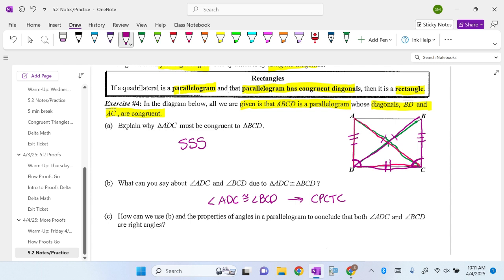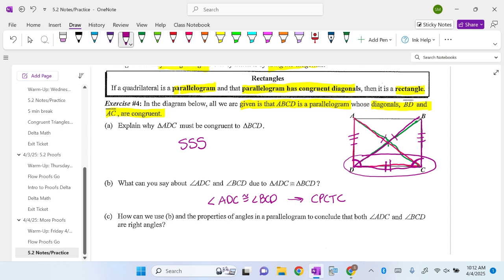So how can we use B and the properties of angles and parallelograms to conclude that both angle ADC and angle BCD are right angles? What's another thing that we could say about these two angles? In terms of a parallelogram, they're what?